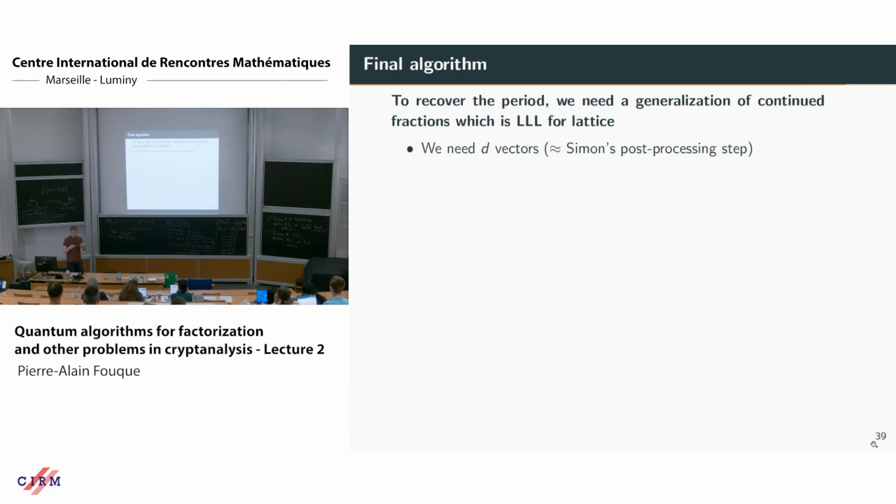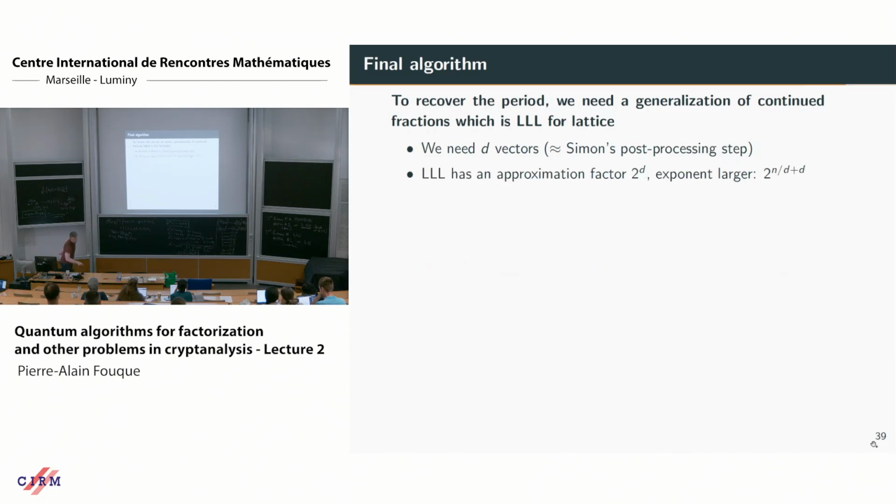In Simon's algorithm you need n minus 1 different values to recover S. Here I need as many vectors as the size of the dimension that I am looking at. So I need d vectors, correct? So d will be the number of runs that I have to apply my algorithm.